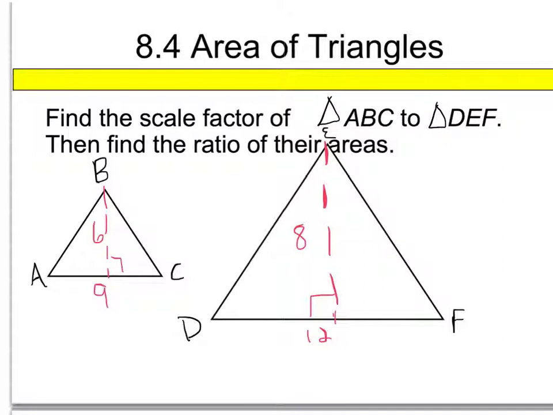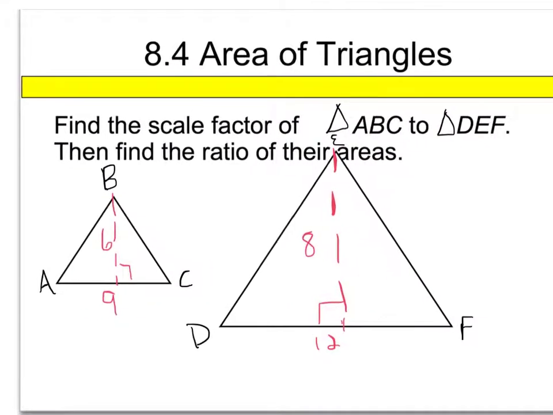This is going to be the key piece of information, right here, of triangle ABC to triangle DEF. What that does is that tells you exactly which one is your numerator, which one is your denominator. So pay attention to that as you're finishing this problem. Pause now, give it a shot, see if you can figure it out.